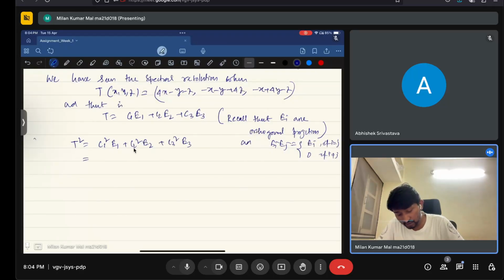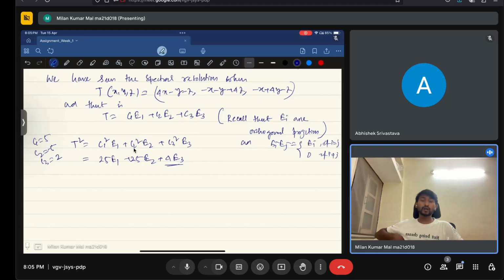We know C1 is equal to 5, C2 is equal to minus 5, and C3 is equal to 2. Therefore it will be 25 E1 plus 25 E2 plus 4 E3, and we have seen what E1, E2, E3 are.